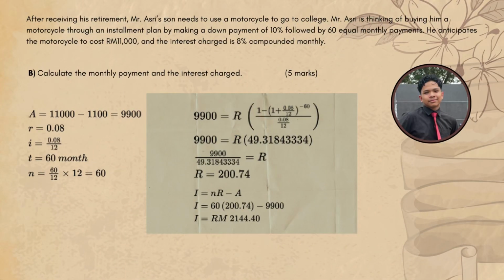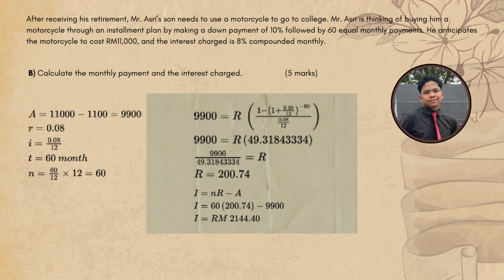For part B, calculate the monthly payment and the interest charge. So A equals 11,000 minus 1,100 and we got 9,900. So the interest rate equals 0.08 and i equals 0.08 over 12 since we use equal monthly payment.